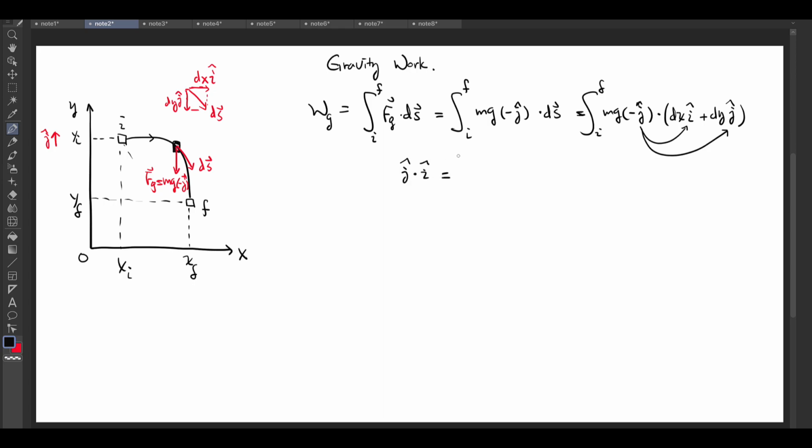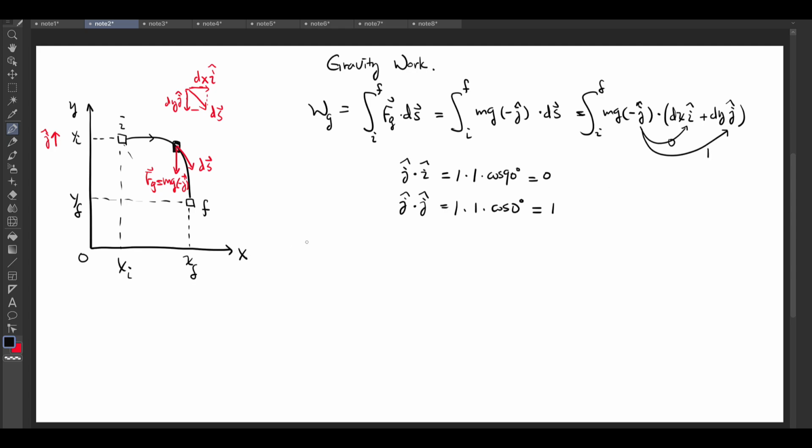It's given by the magnitude of j hat, which is 1, times the magnitude of i hat, which is 1. The angle between them is 90 degrees, so we get 0 here. Now if I do j hat dot j hat, I get 1 times cosine 0 degrees, so I get 1 here. So if I distribute this term into the two terms, the first term here is 0. For the second term, j hat dot j hat is 1.